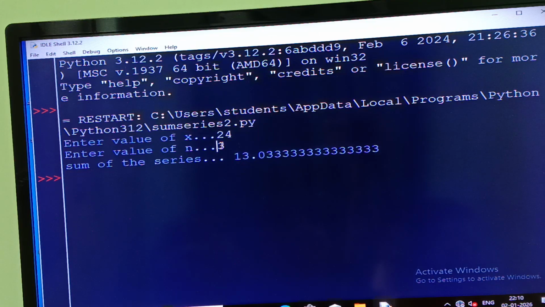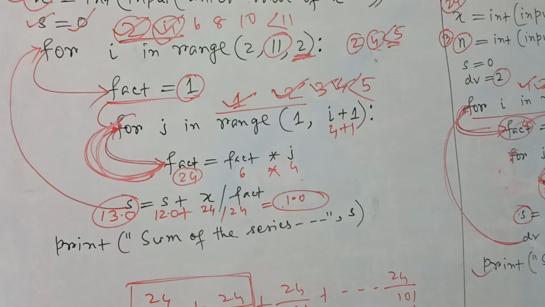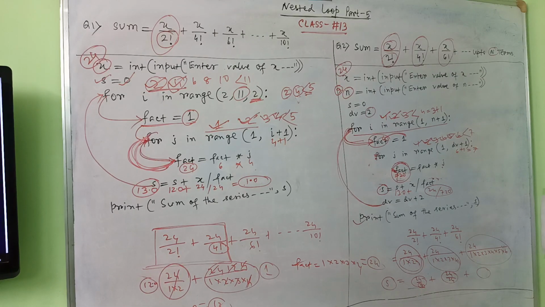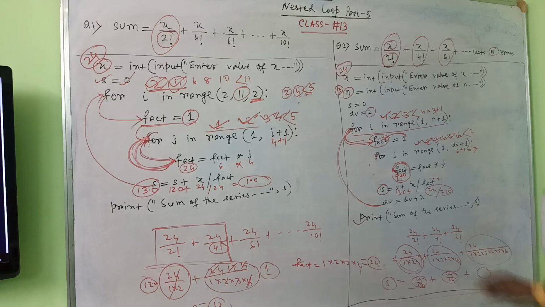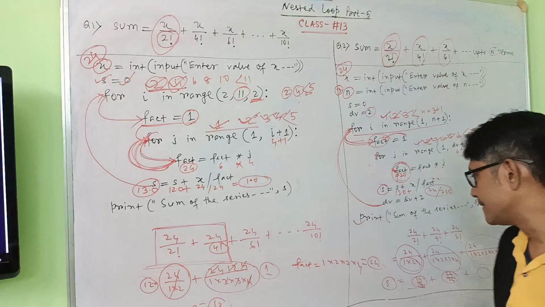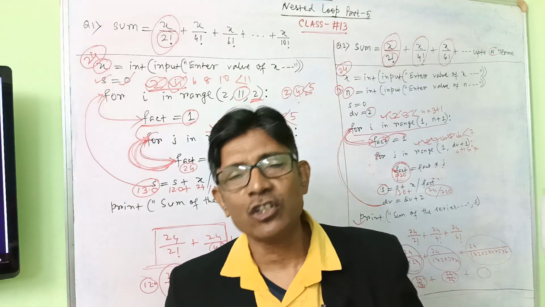So for n equal to 3, all three terms calculation, the result is coming like this. This is my program, and you can understand the values: the sum of the series, only these 1, 2 and 3 terms calculation, is coming like this. So in this way, using the nested loop, we can solve a lot of problems.